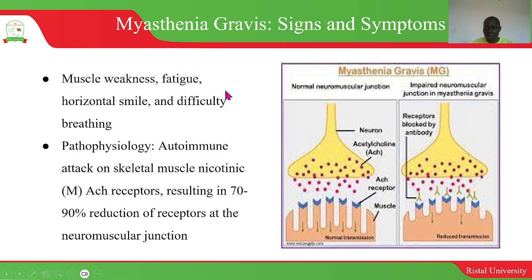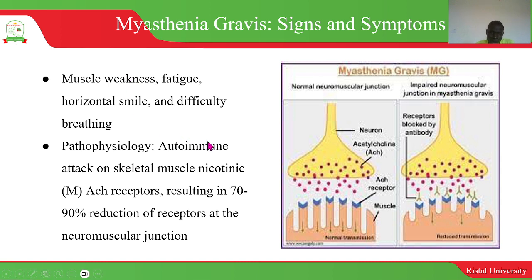So what happens? These are the symptoms. These people present with muscle weakness and fatigue. Even drooping of the eyelids, and difficulty in breathing, because our skeletal muscles need to contract to keep the intercostal muscles moving.